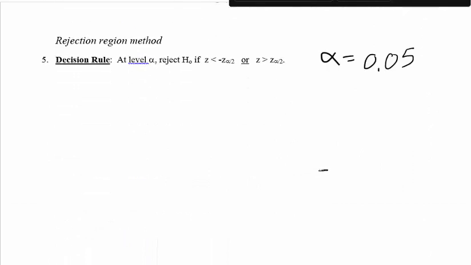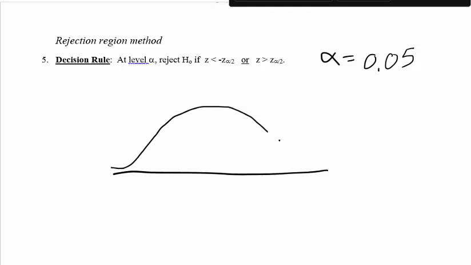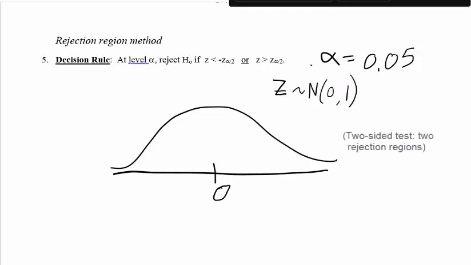We know that the z-scores in my distribution all follow a normal distribution. In particular, z, the standard normal distribution, is normal with a mean equal to 0 and a standard deviation of 1. This is a two-sided test with alpha equal to 0.05. So we have two different sides of the rejection region.